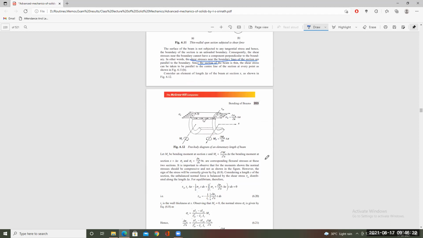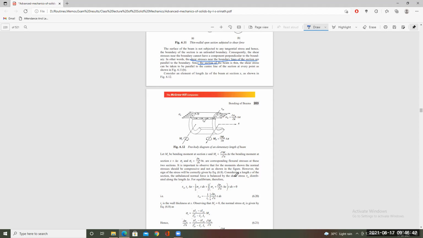The normal force is compressive, however, consider that this unbalanced normal force is balanced by the shear force. Here you see the normal force is not fully balanced, it is changed by the amount d sigma x by dx, and the bending moment dMz is also not balanced, it is changed.